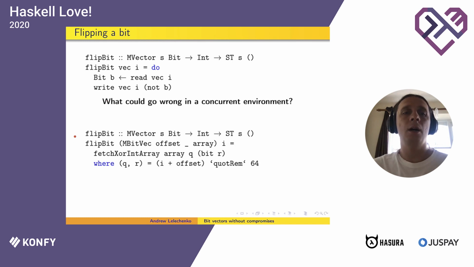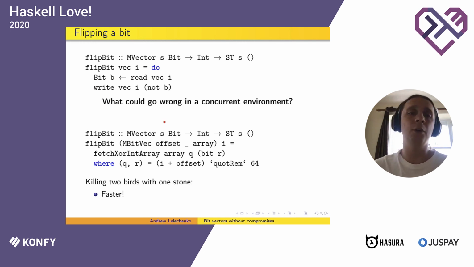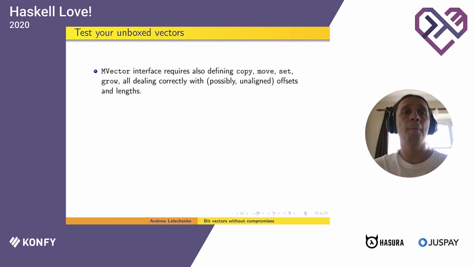So again, we are lucky to have the primitive XOR in the base package, which provides us with a way to flip a bit both fast, so we do not need to read and write as separate operations, and also thread safe. And it's twice as fast as the modify function which is in stock.